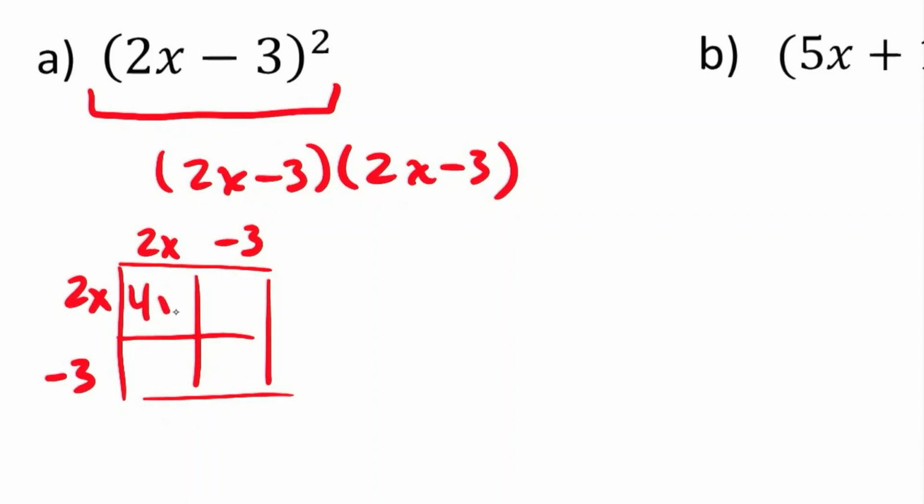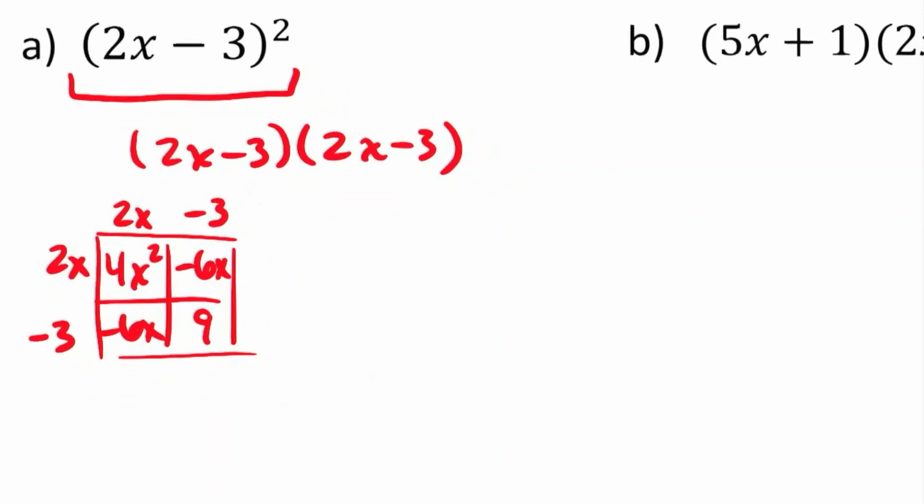This is 4x squared, and most of us would have gotten that. And also there's a negative 3 times negative 3, which is positive 9. The thing that we're missing, right, if we're not thinking about this carefully, is there's a minus 6 times x and another minus 6 times x.